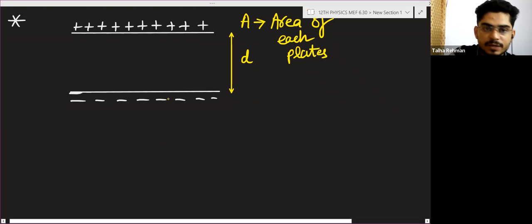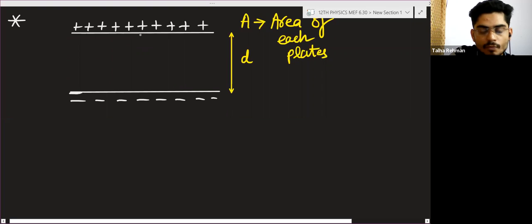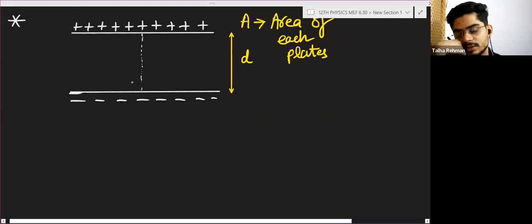Now what I have done: this is the whole area of the plate, this is the whole area of the capacitor.